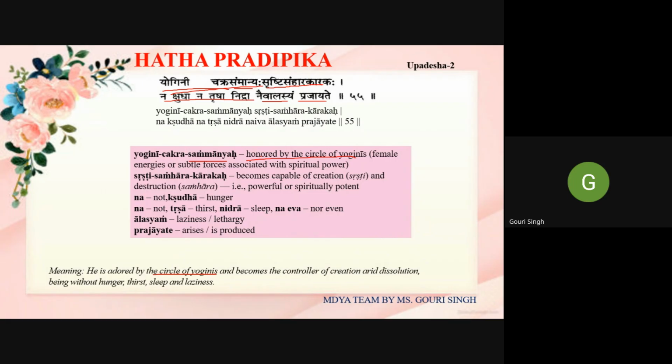But different kathakaras also say that yogini chakra samanya means you attract many women; females are attracted towards you. That type of capacity Sitkari pranayama has. So you have to remember both things.